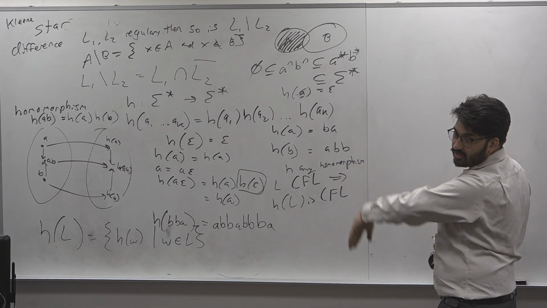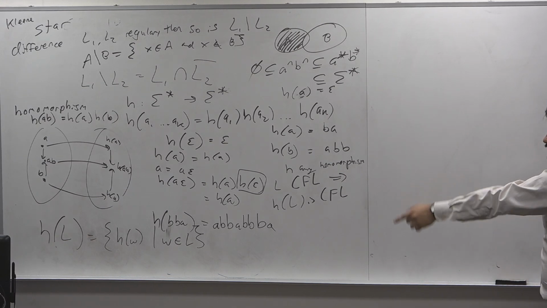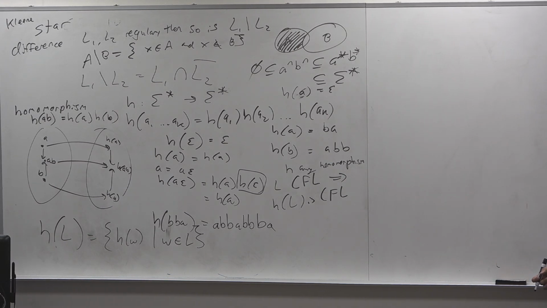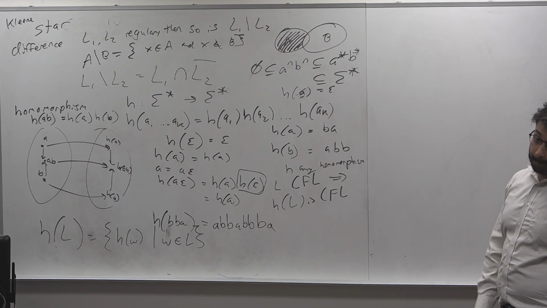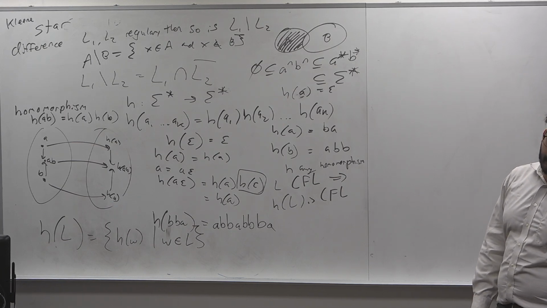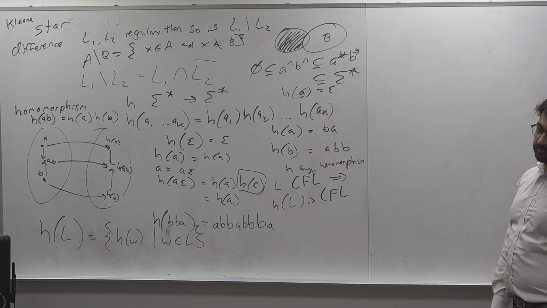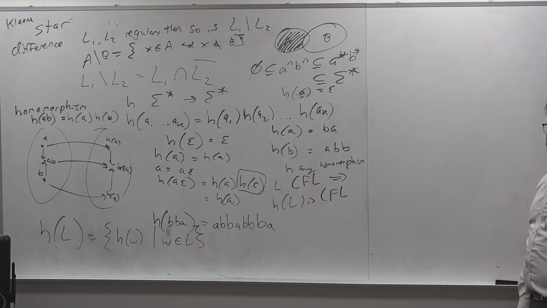Again, homomorphism, same thing. H of L, but instead of H of L having a DFA or regular expression this time, suppose H of L has a grammar. Why are the context-free languages closed under homomorphism? Because the CFG is closed under homomorphism? Yes. So in every proof we're going to modify the CFG. Tell me how to modify the CFG.